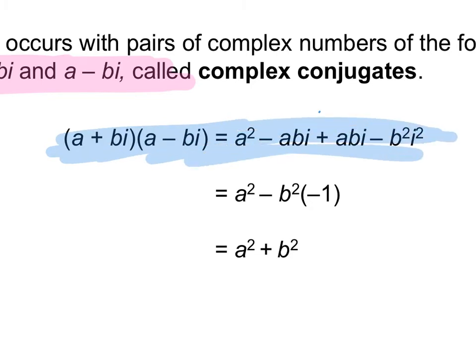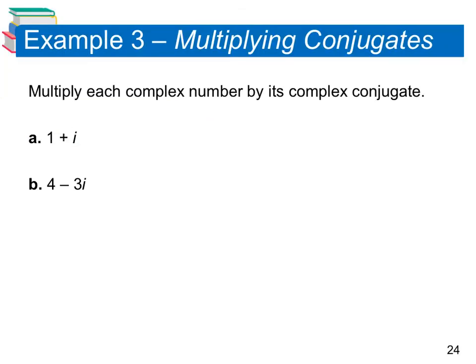The middle ones cancel out, and all we have is a squared plus b squared. So let's look at some examples on the next slide.